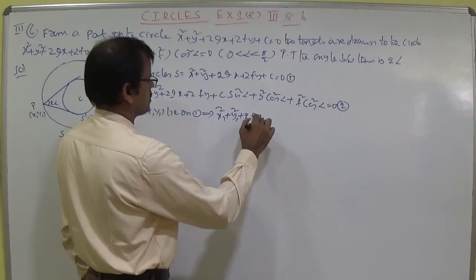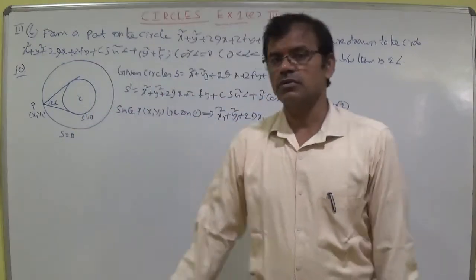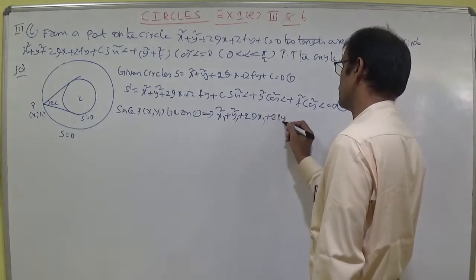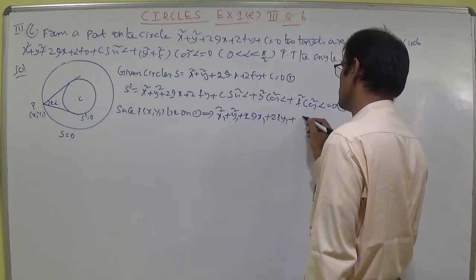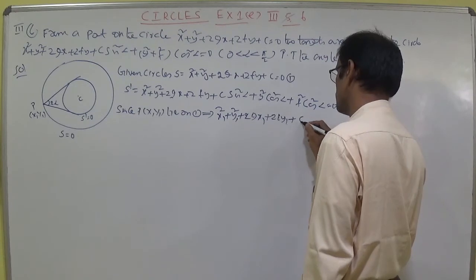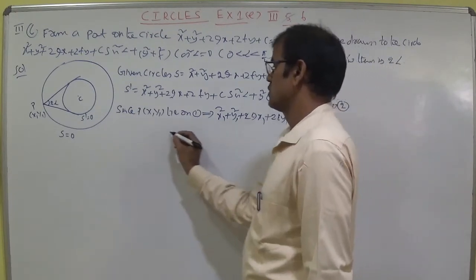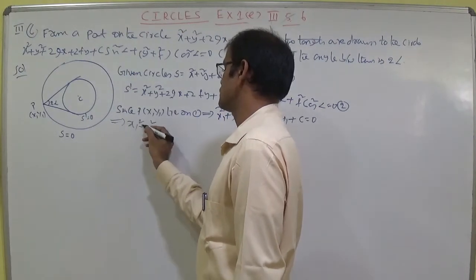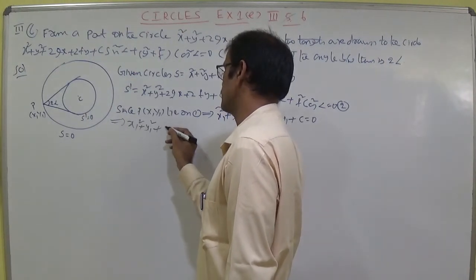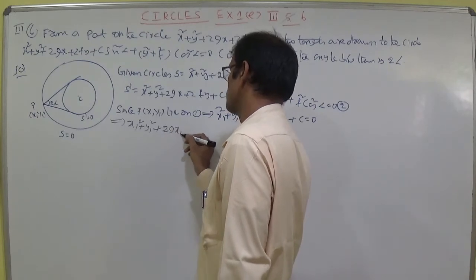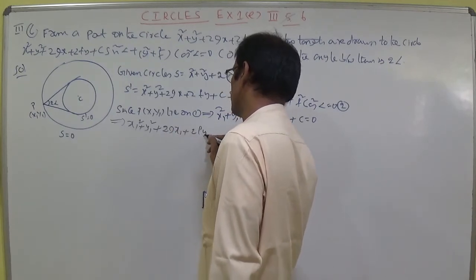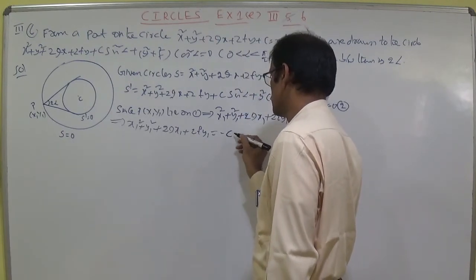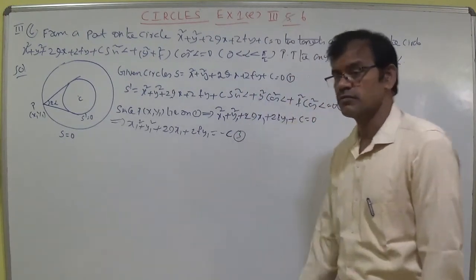So you can write S11 equal to 0: x1 square plus y1 square plus 2gx1 plus 2fy1 plus c is equal to 0. Whenever it is useful, you can write x1 square plus y1 square plus 2gx1 plus 2fy1 is equal to minus c. Put it as 3, it will be useful.